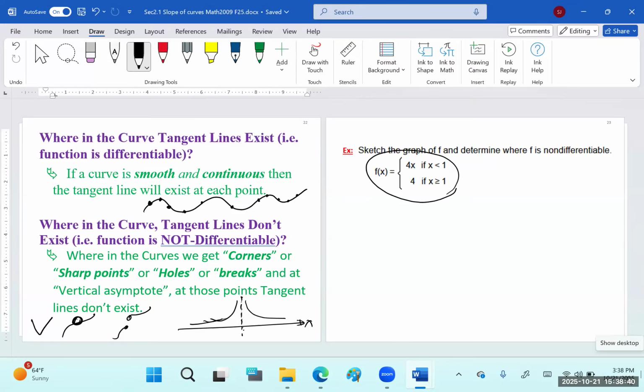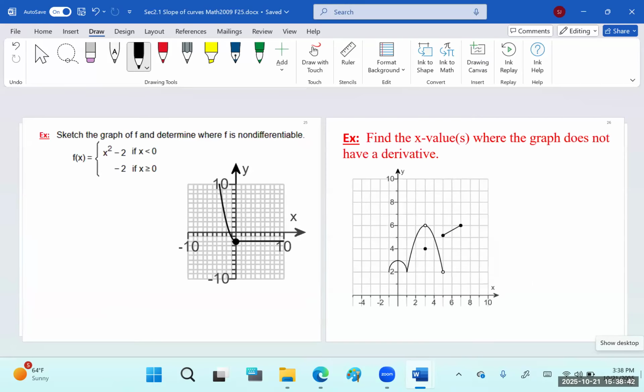Or if this is harder, then let's do something fun. Try this. Where the derivative doesn't exist, for the left and for the right.